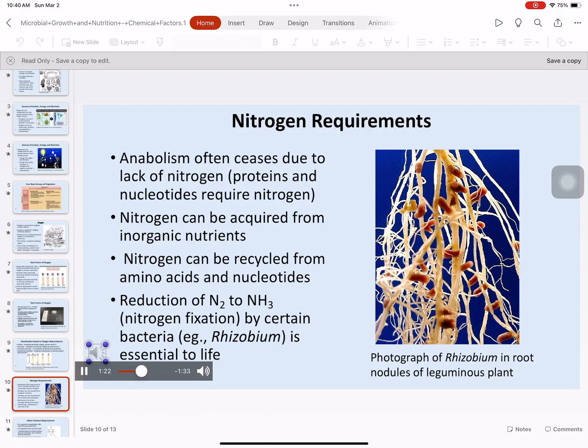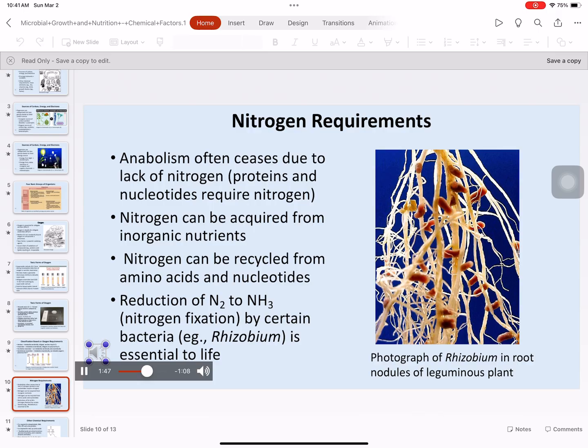And we know from our laboratory unit on prokaryotic ecology that Rhizobium can fix nitrogen. That is, it can take inorganic nitrogen and reduce it to organic nitrogen.